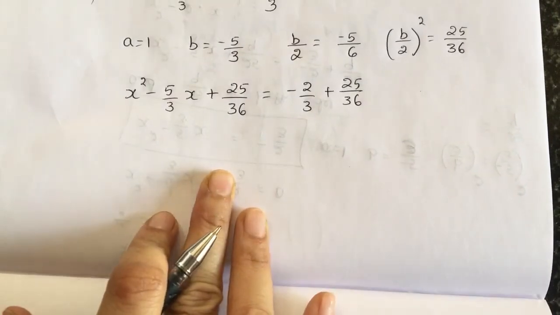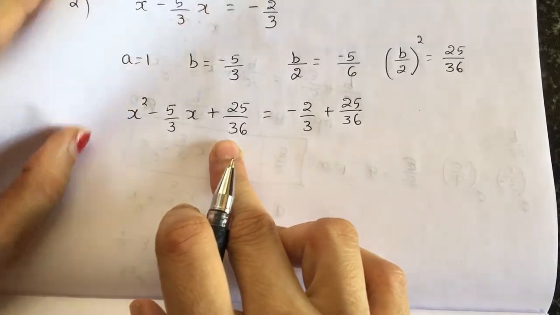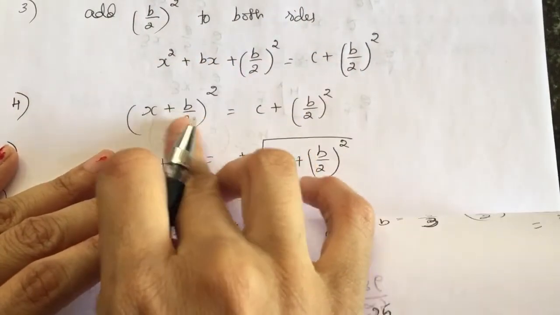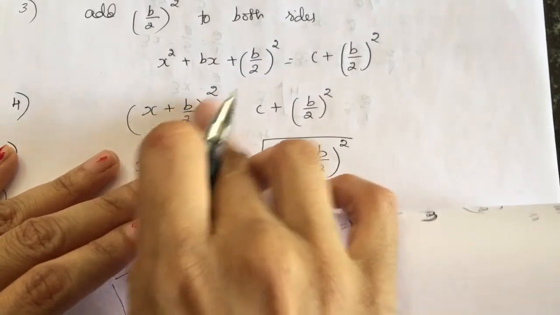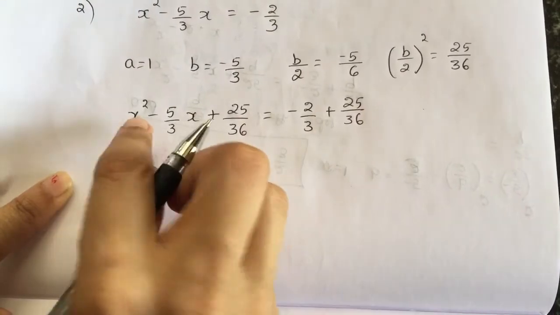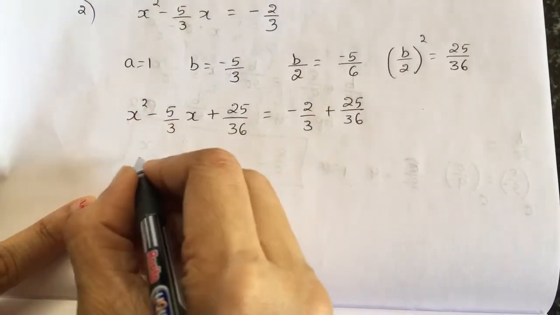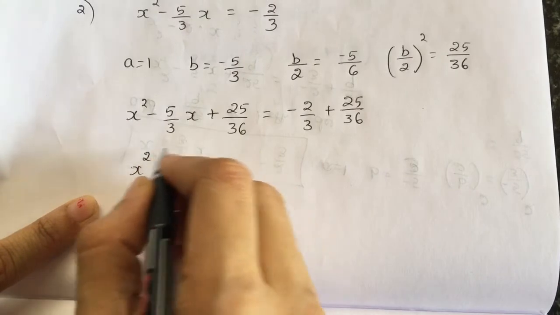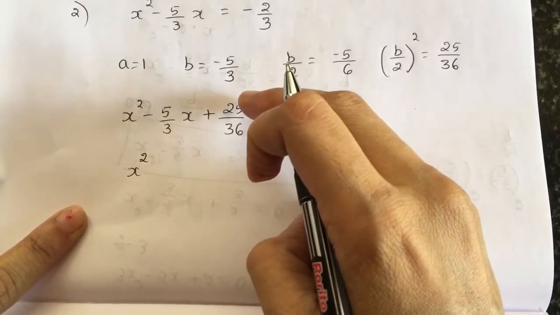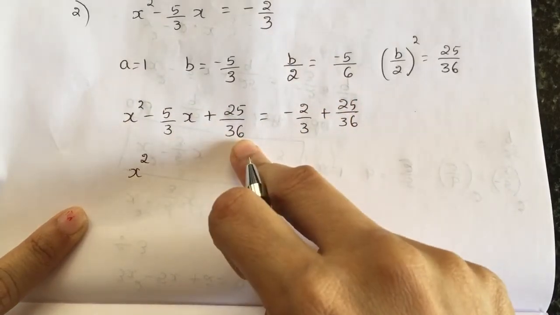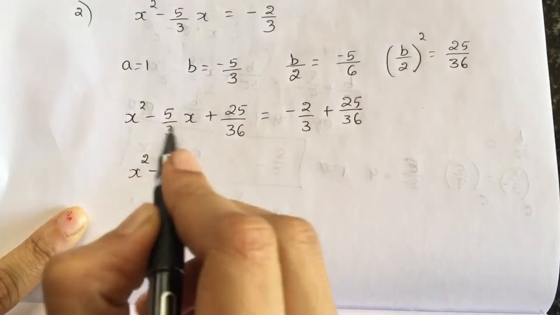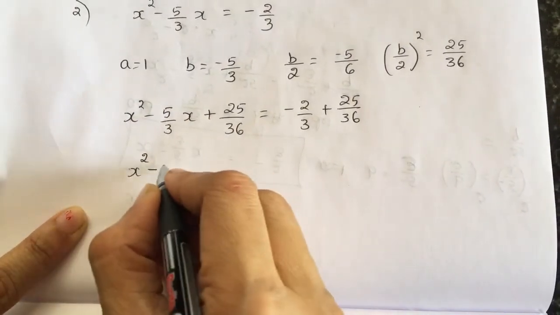Now you can directly write this. When you have got this, this is in the form x plus b by 2 whole square. Here the negative sign is there, so minus 2ab. What is b here? It is 5 by 6. So I have to write this in the form 2ab, that is, 2 times 5 by 6 times x.